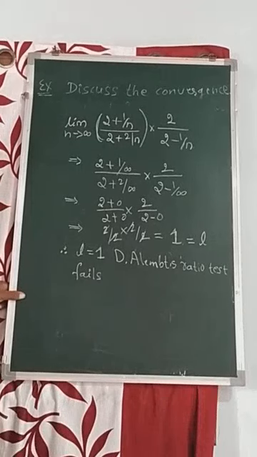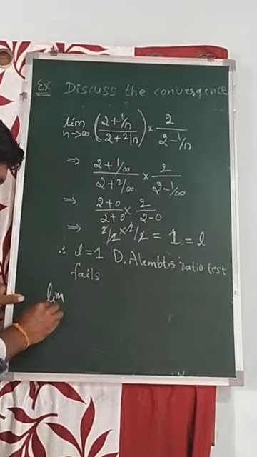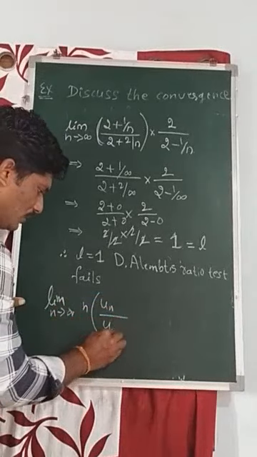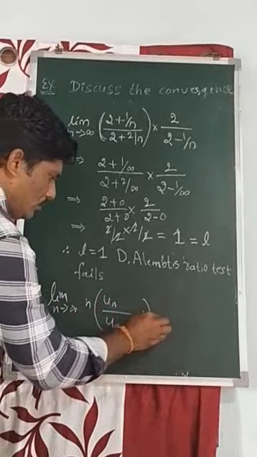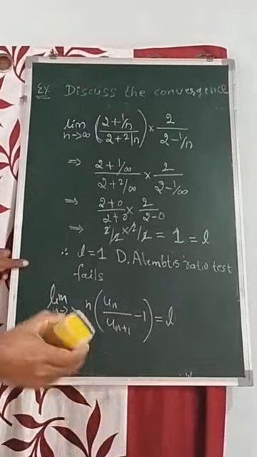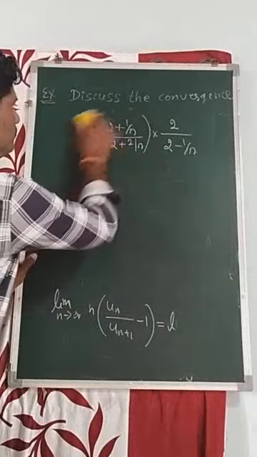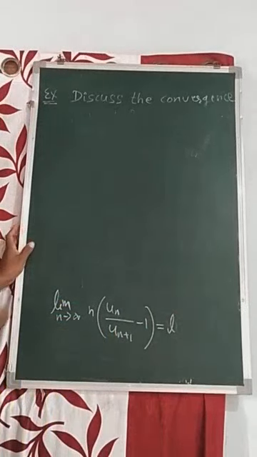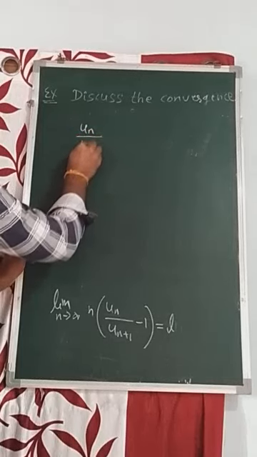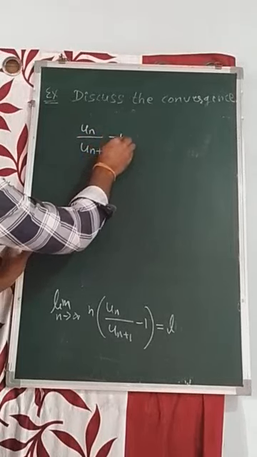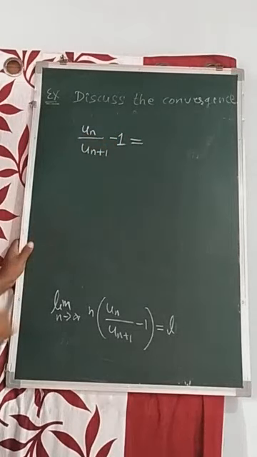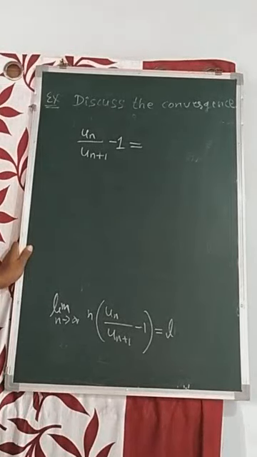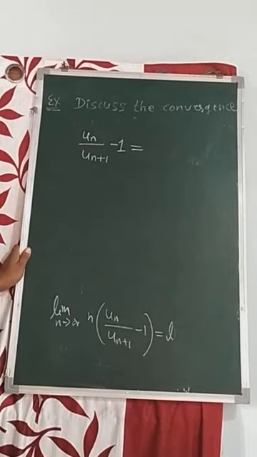Raabe's test condition is limit n tends to infinity, n into un divided by un plus 1 minus 1 equal to L. This is the Raabe's condition. Applying this condition, here un divided by un plus 1 minus 1 equal to, take this condition: un plus 1 divided by un, we already know the condition in the D'Alembert's ratio test.